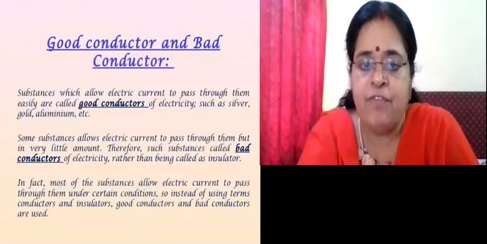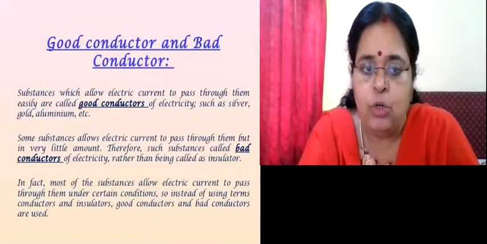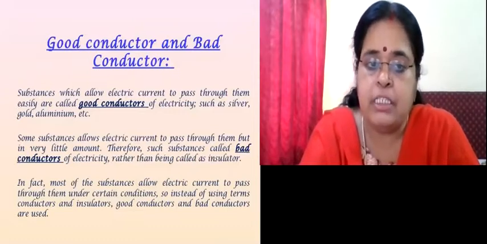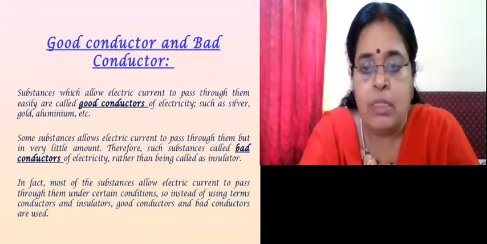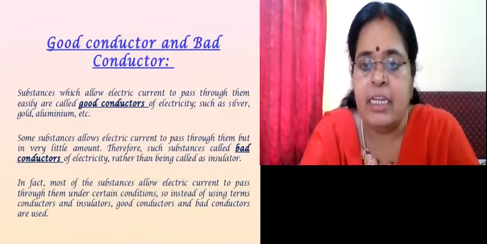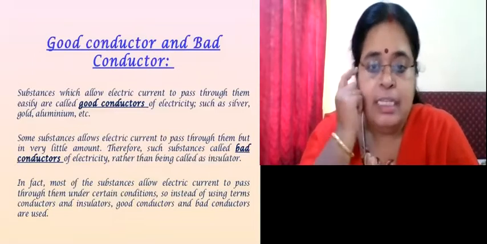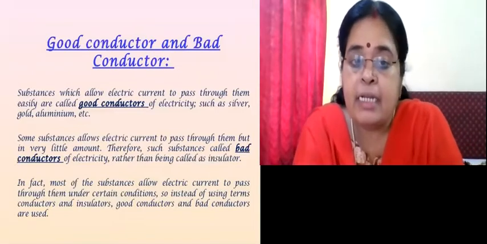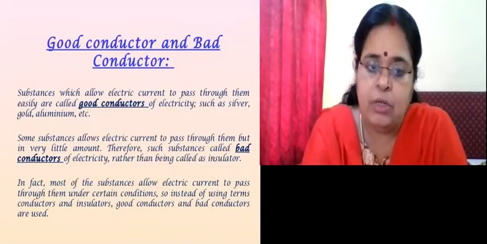Now, what are the differences between good conductor and bad conductor? I told you that substances which allow electric current to pass through them are called good conductors. All the metals like silver, gold, aluminium, etc. Some substances allow electric current to pass through them, but in a very little amount. Therefore, such substances are called bad conductors of electricity rather than just being called an insulator.